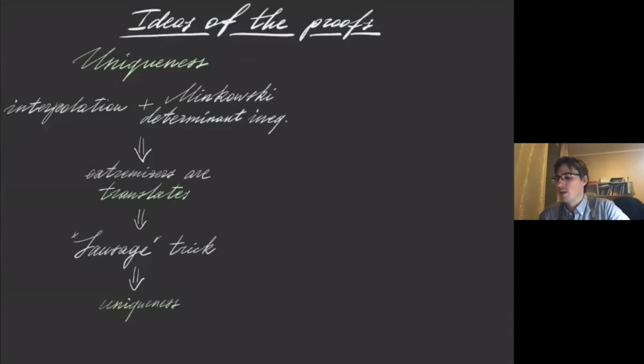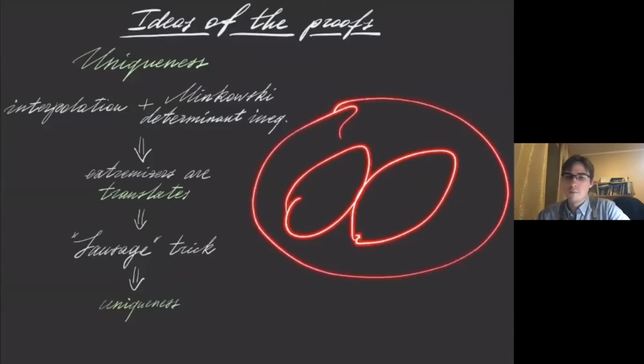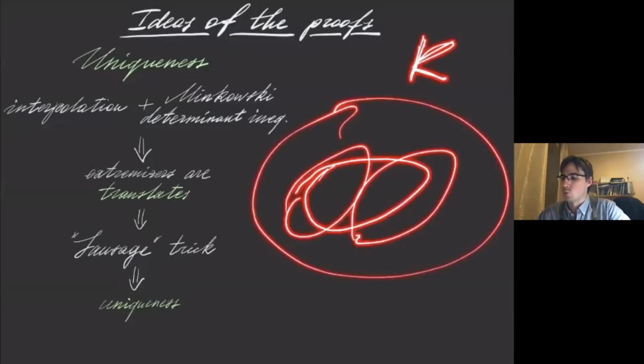I mean that given two ellipsoids or two ellipsoidal functions that are contained, say, in the body K, you learn to construct a third ellipsoid that is contained as well in your body K. Next, using Minkowski's determinant inequality, you can show that this newly constructed ellipsoid has volume at most that of these two.